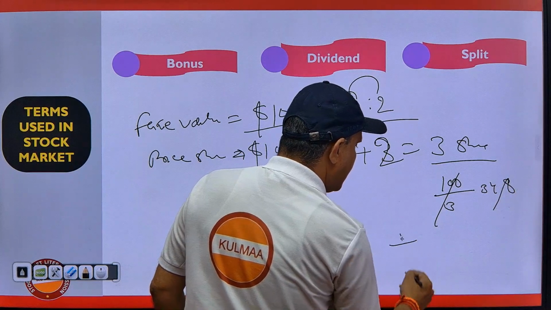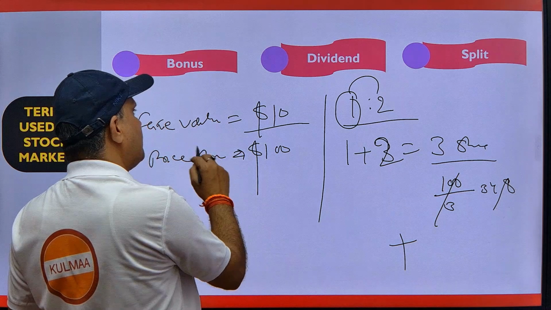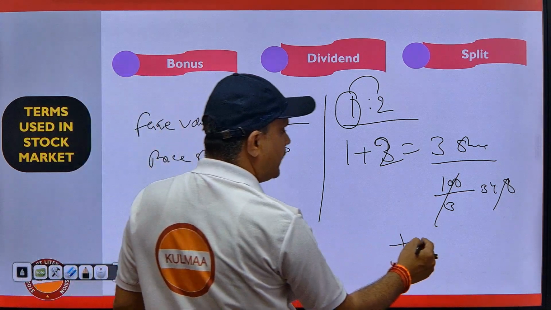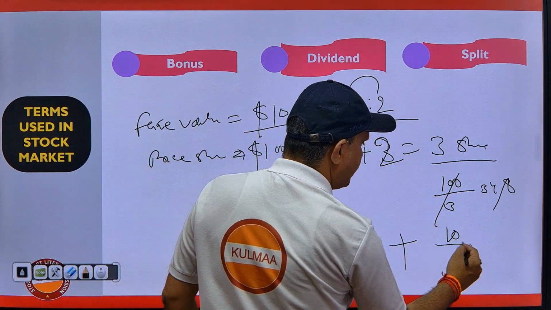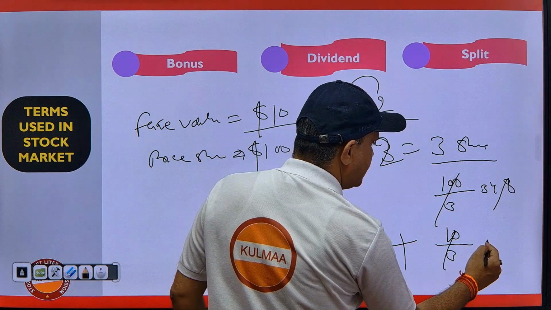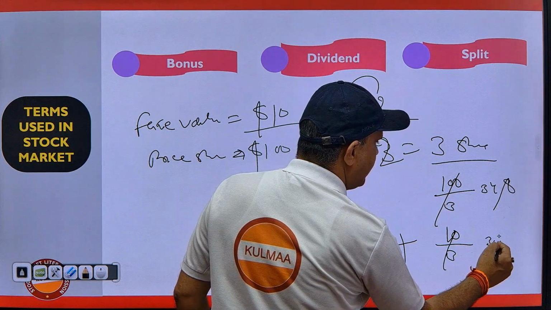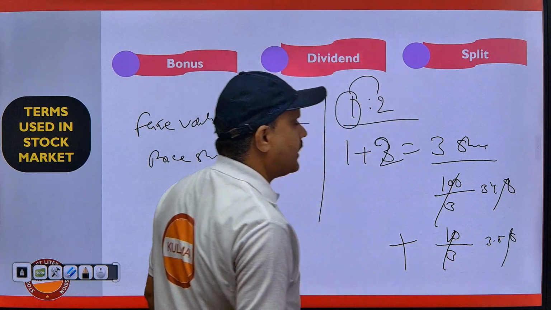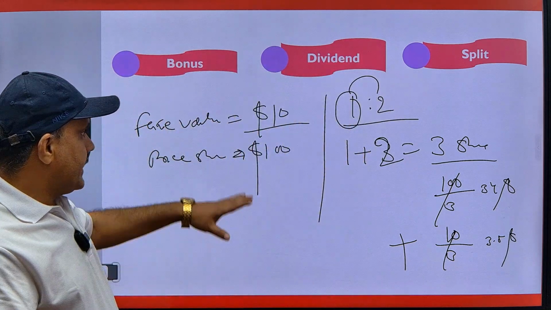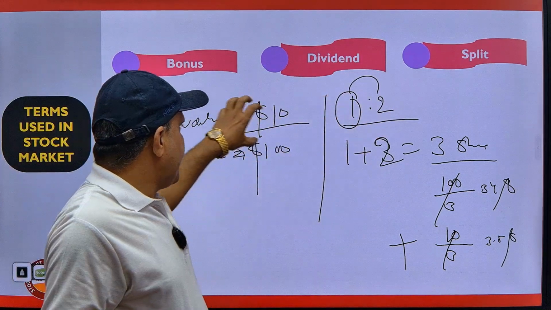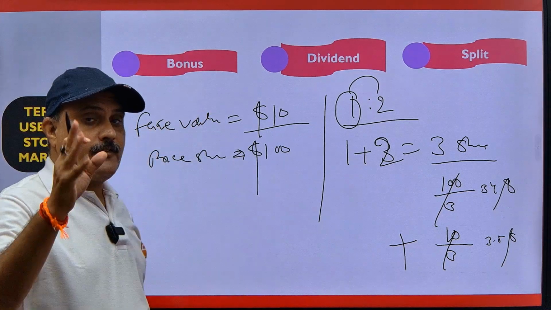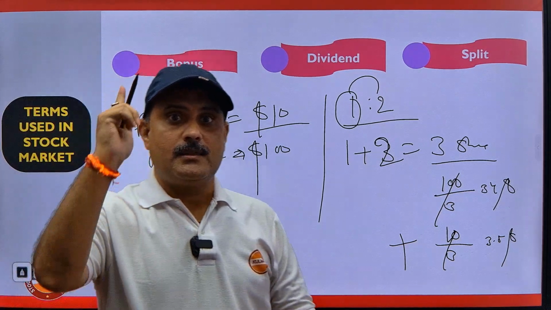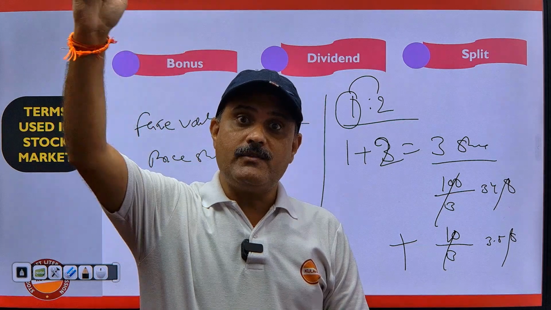Apart from it, the face value of that company, which was $10 earlier, will also decrease by 3, that is $3.5, like that. So in case of split, what is the face value? Face value means the initial price when the company was started.